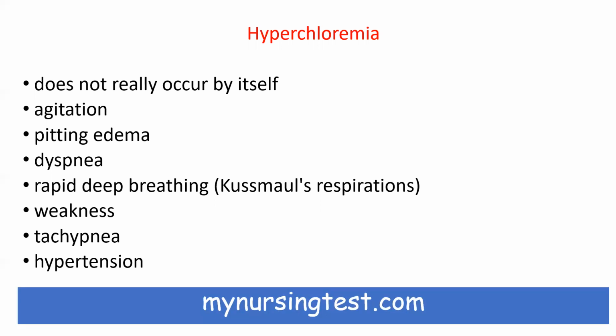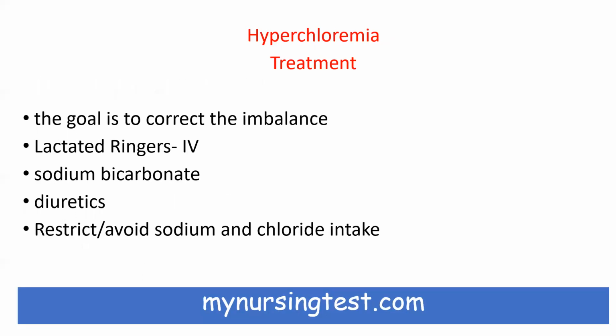It really does not occur by itself. So to correct it, you really need to correct the other imbalances that are occurring. So some of the things that we do give are IV solution, lactated Ringer's, sodium bicarb, diuretics, and we try to restrict or avoid sodium and chloride intake.